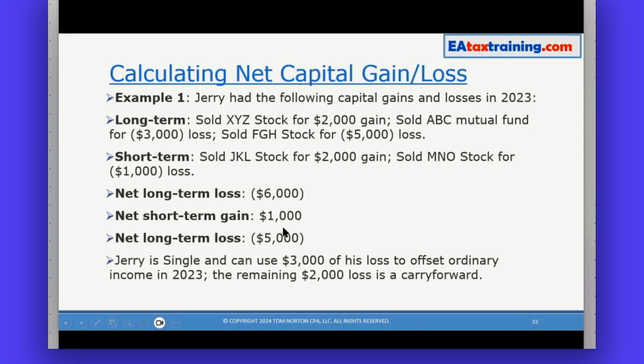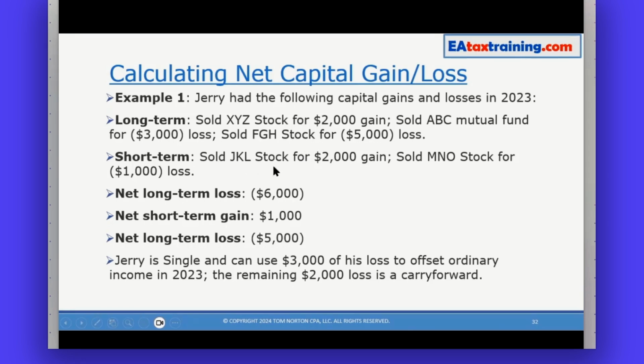So let's do a couple of examples to make this more concrete. Jerry had the following capital gains and losses in 2023. Long term, he sold XYZ stock for a $2,000 gain. He sold ABC Mutual Fund for a $3,000 loss, and he sold FGH stock for a $5,000 loss.